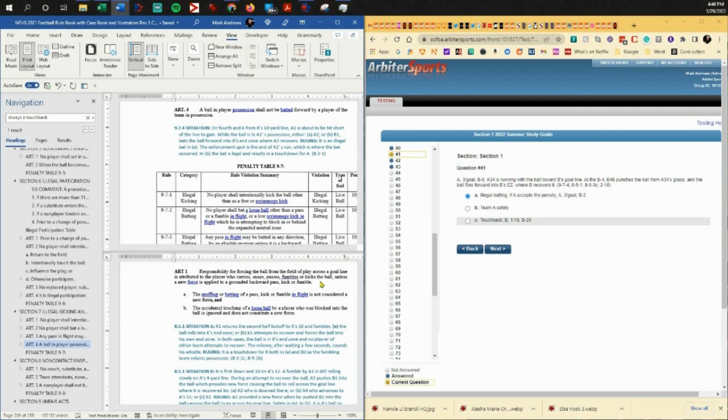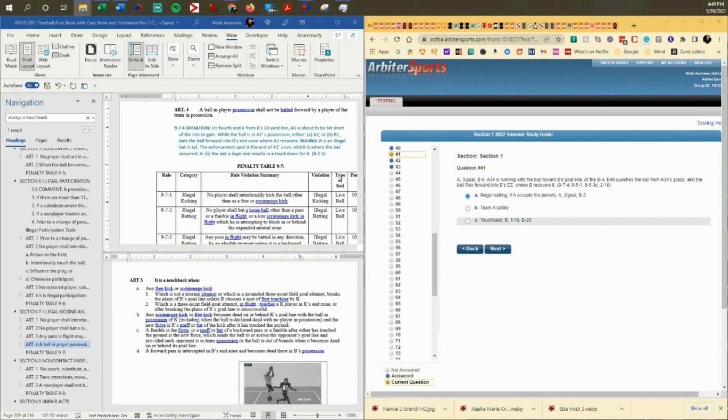This is actually a fumble by A34. Even though B46 caused it, A34 has fumbled the ball and it's gone into the end zone. So it's his force that put the ball into the end zone.